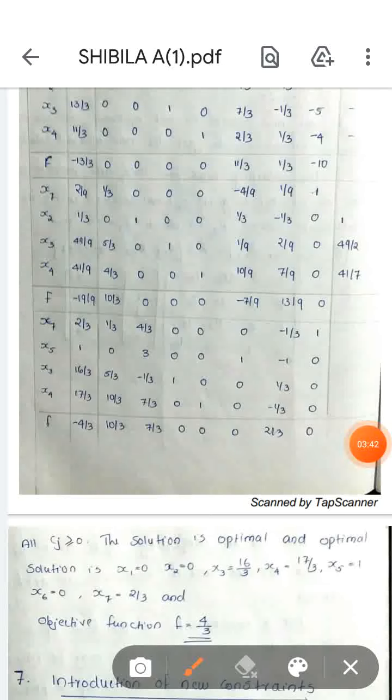The solution is taken from here: X3 equal to 16/3, X4 equal to 17/3, X5 equal to 1, X7 equal to 2/3, and the objective function f equal to 4/3.